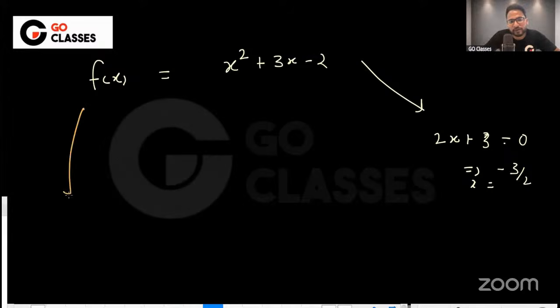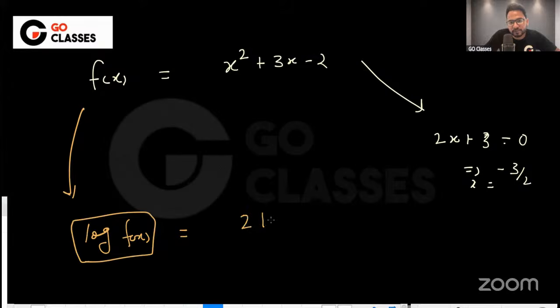Now, suppose I take the log first. If I ask which value of x minimizes the log of this, I need to take the complete log of x square plus 3x minus 2.